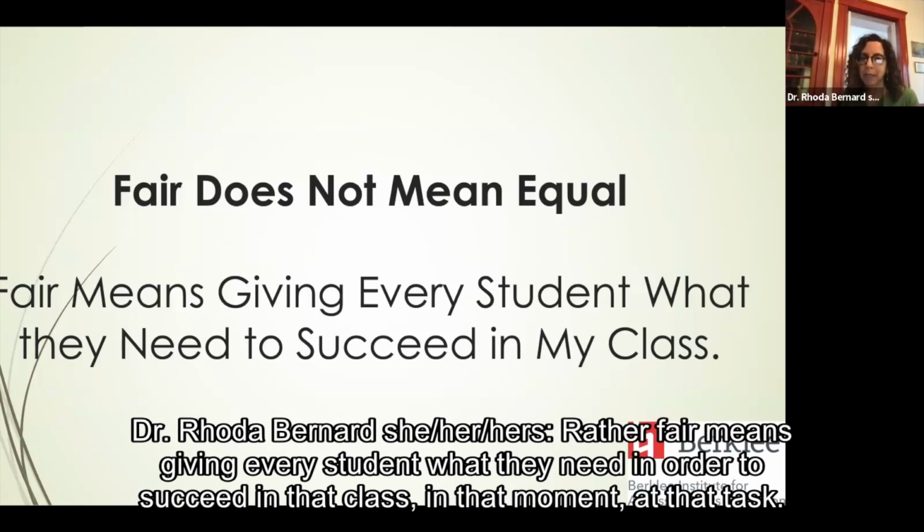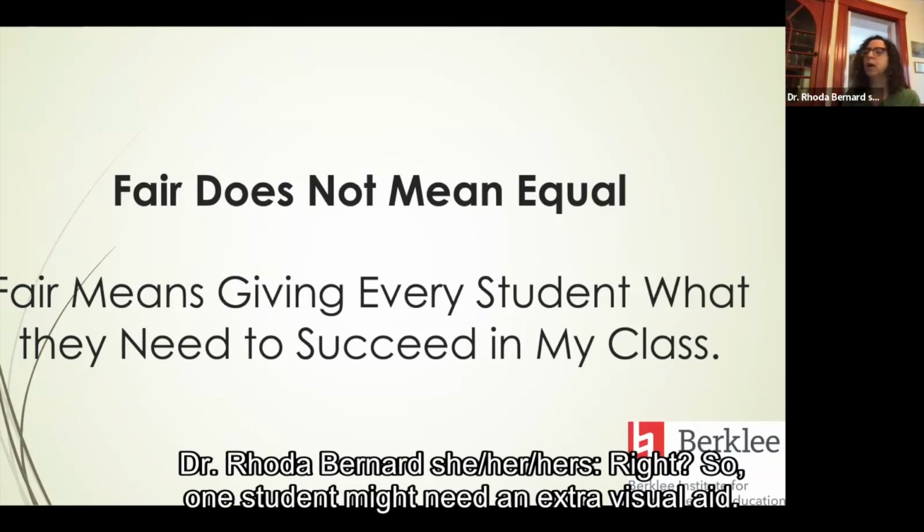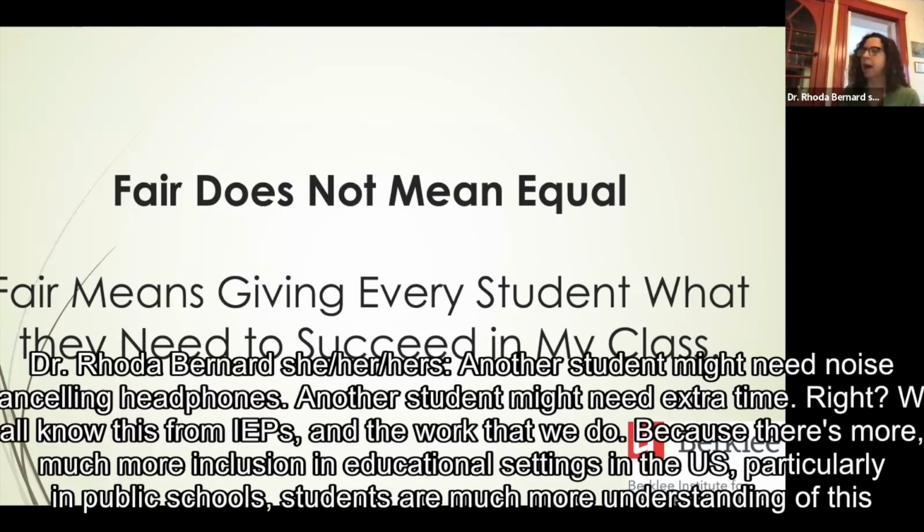Rather, fair means giving every student what they need in order to succeed in that class, in that moment, at that task, right? So one student might need an extra visual aid. Another student might need noise canceling headphones. Another student might need extra time, right? We all know this from IEPs and the work that we do.